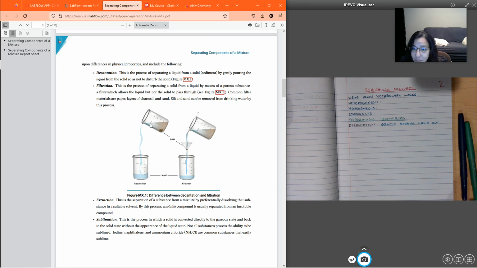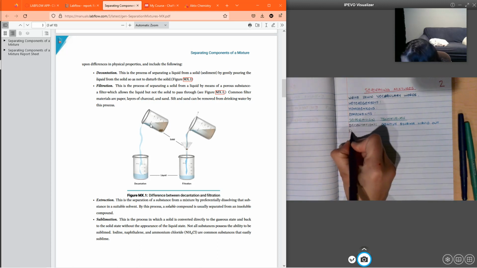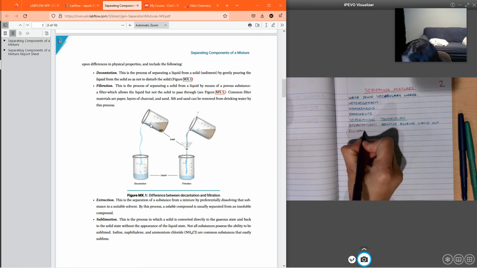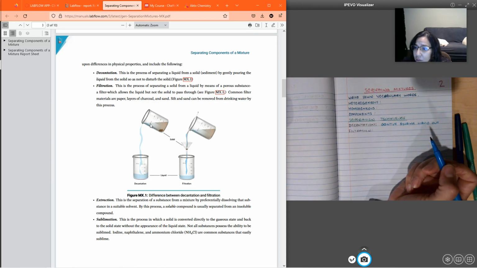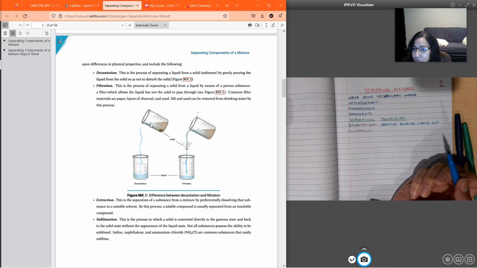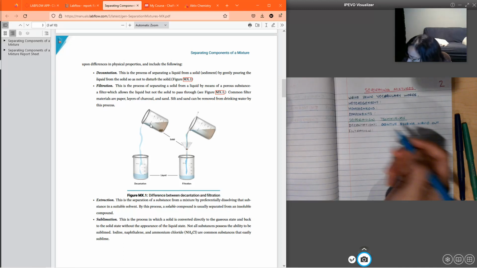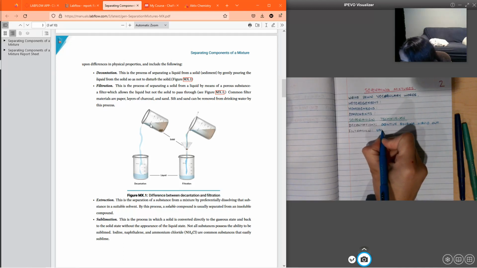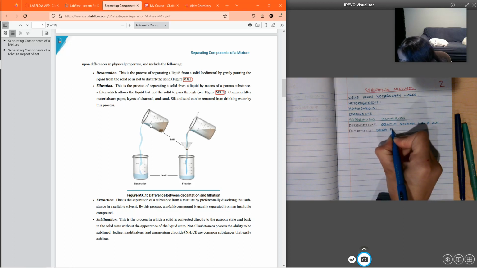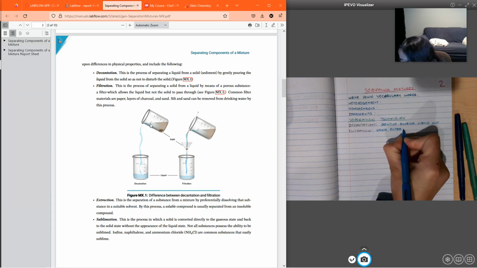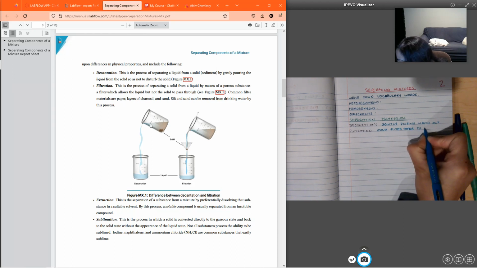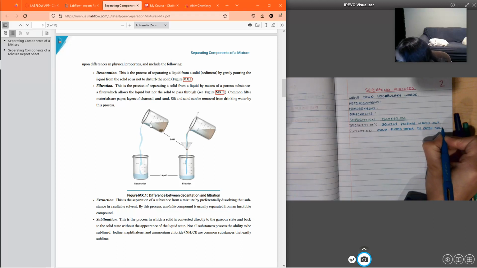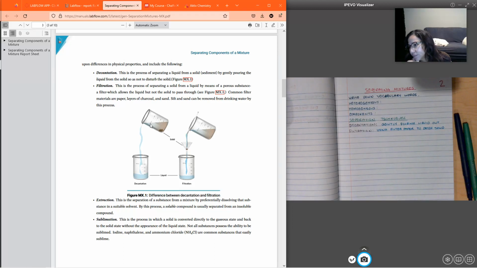Then there's the next one, filtration. Okay. So this one is the means of using a filter paper to catch solid particles.